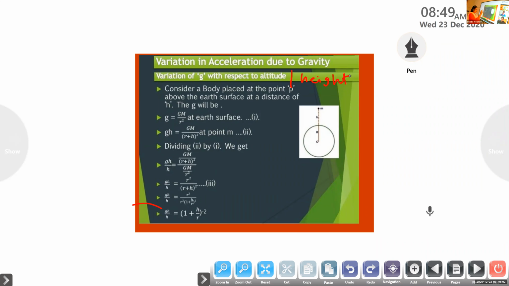Only draw the diagram, don't write now. I'll tell you what to write.